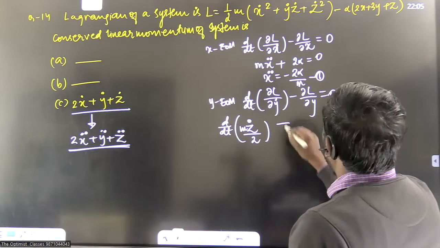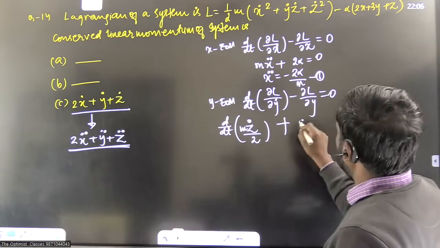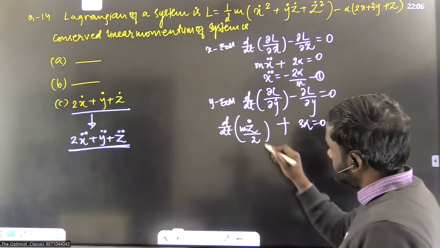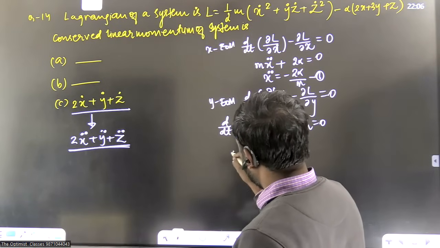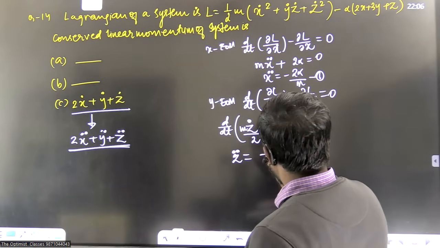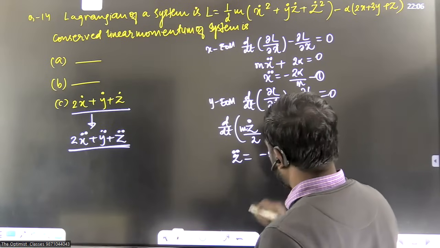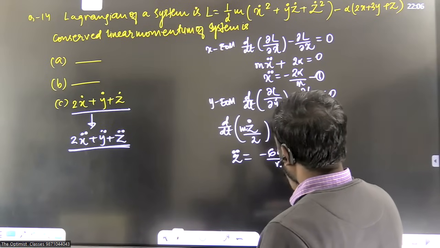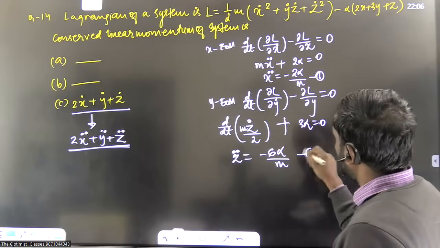And this side you are going to get plus, when you differentiate with respect to y, you get 3 alpha, that is equal to 0. So when you differentiate this, you get from here z double dot is equal to minus 6 alpha upon m. Let's call it equation number 2.